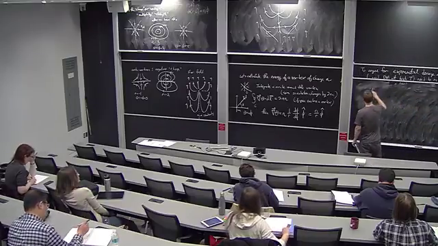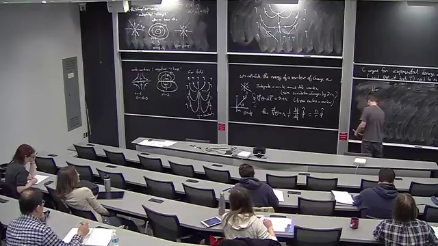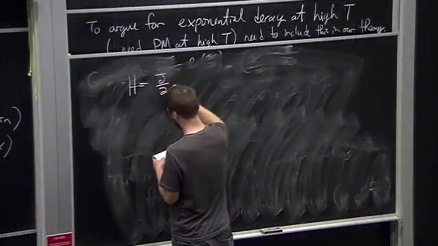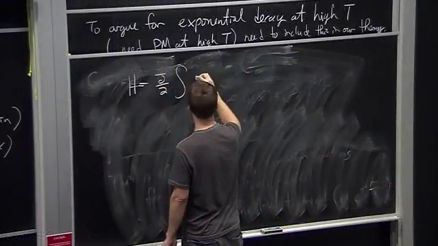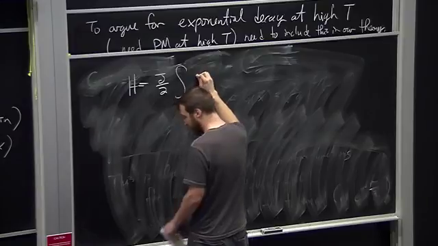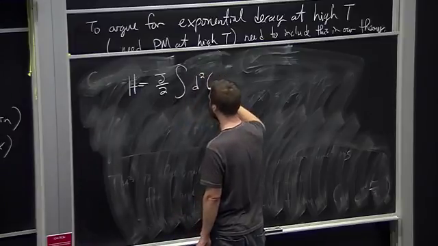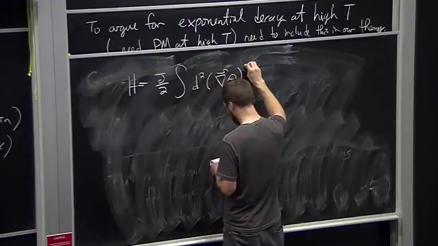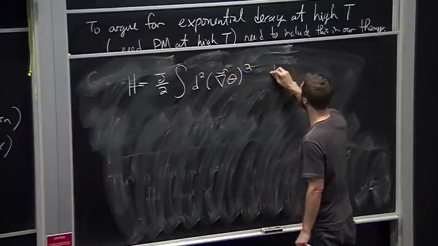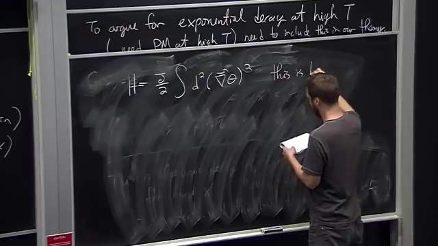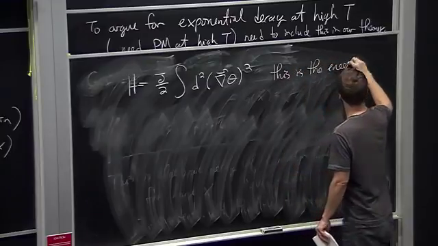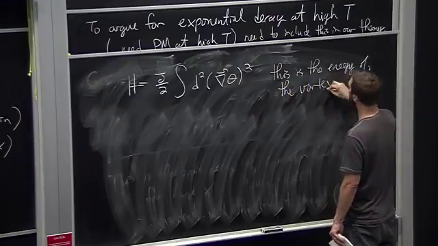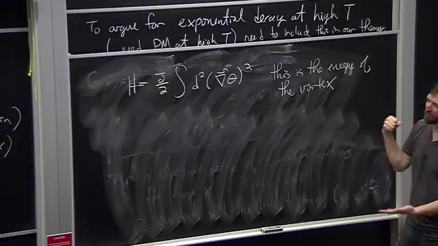I wrote that way back when, in cosines, but I derived it from the fields, so I can write it like I did the action. It should be just grad theta squared, right? That's the energy of the vortex away from the core.